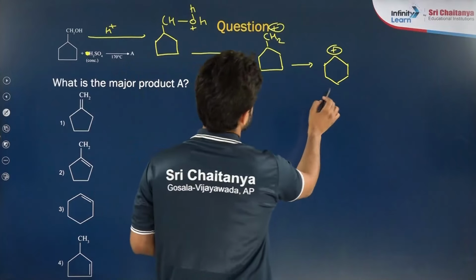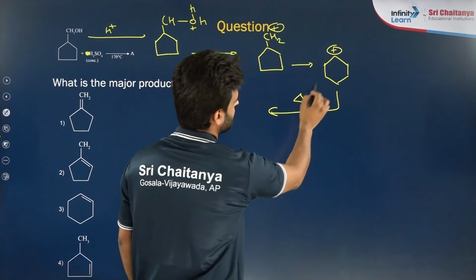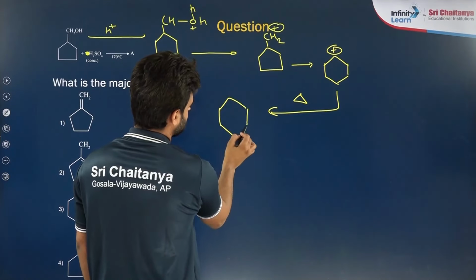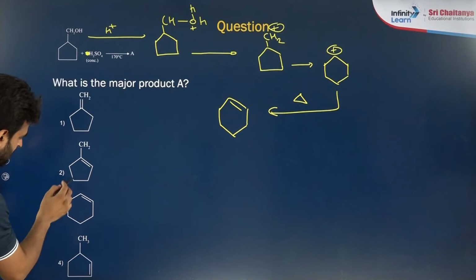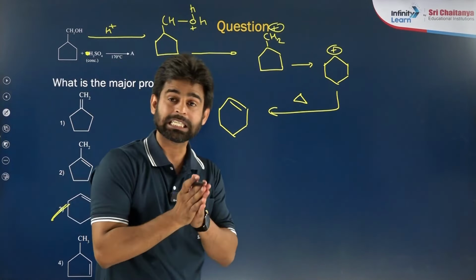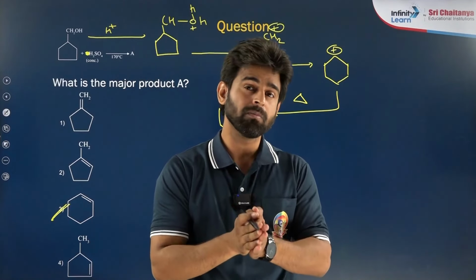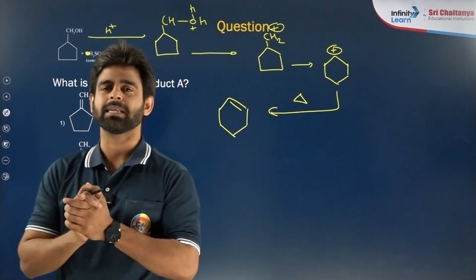And now, as we are taking high temperature, we are heating this, so definitely H will eliminate and finally we will get our alkene, right? So which alkene will we get? This one, the third one. A very important case of ring expansion. Carbocation will form, and as you know, a carbocation will rearrange if it gets more stability by rearrangement, right?